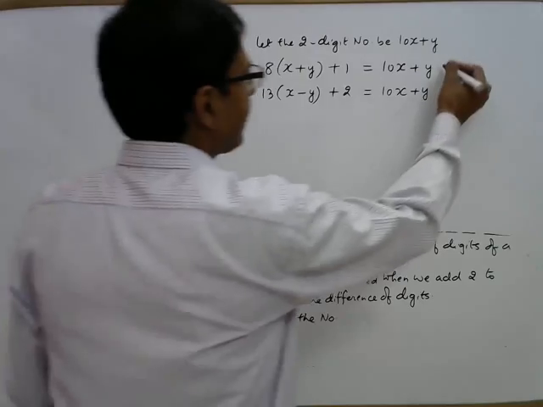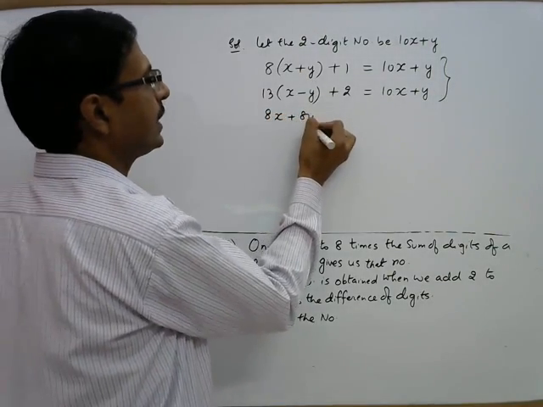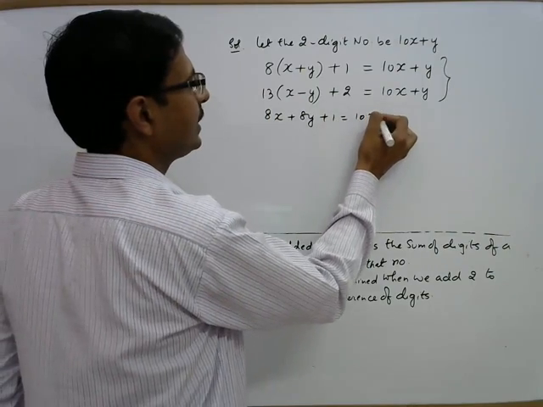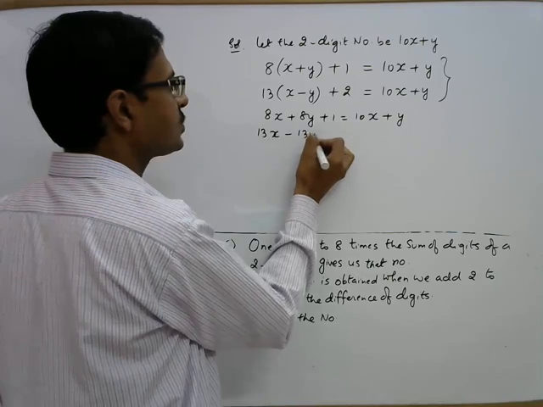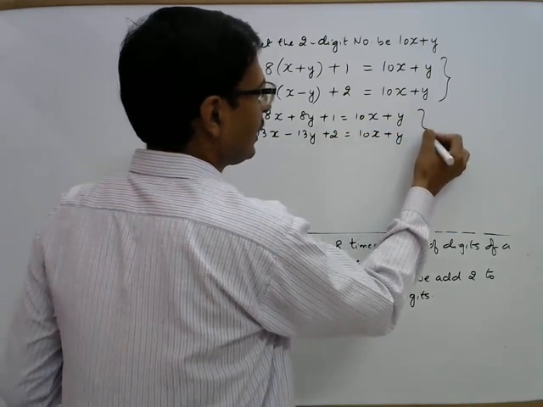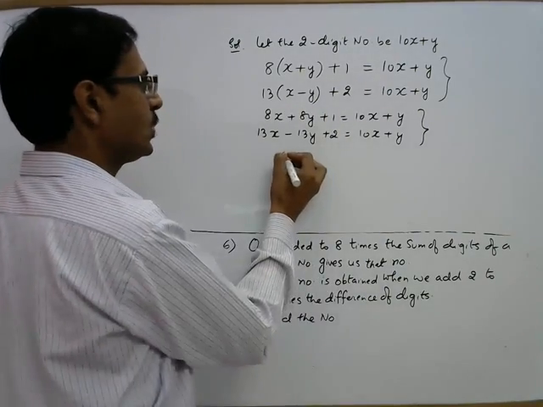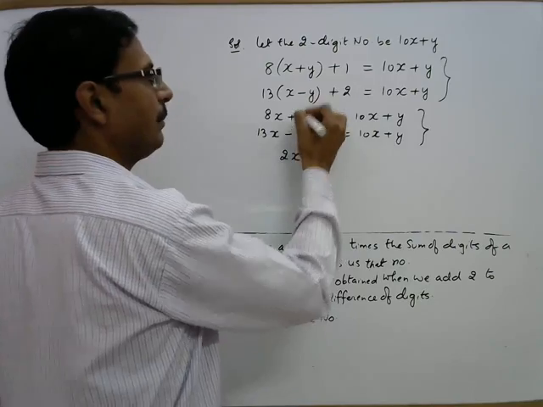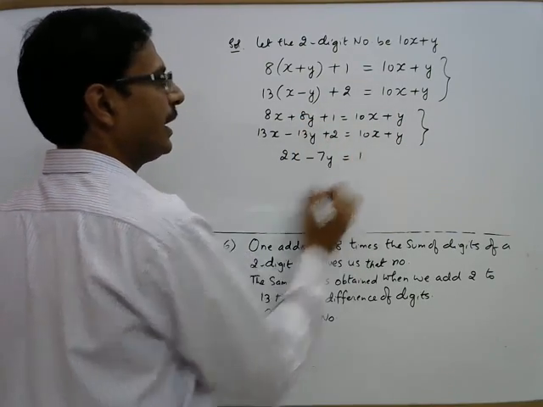So if you solve them, the first equation is 8x plus 8y plus 1 equal to 10x plus y, and the second equation is 13x minus 13y plus 2 equal to 10x plus y. So bring the terms to one side. 10x minus 8x is 2x, y minus 8y is minus 7y, and on the left hand side you are having 1.